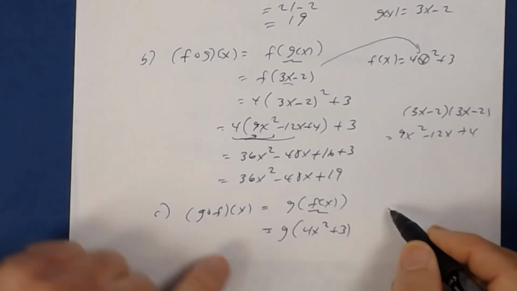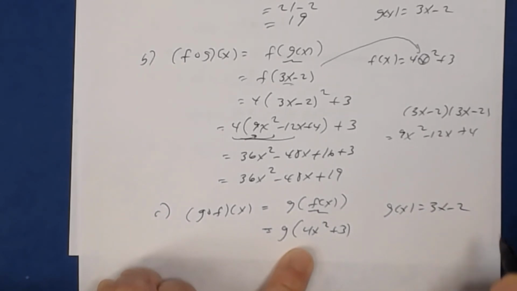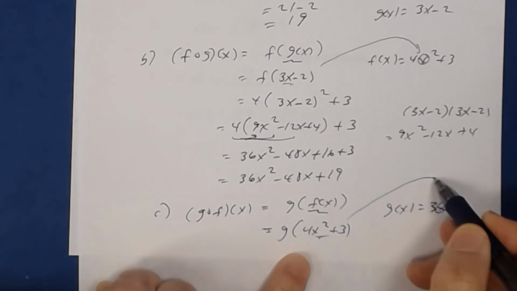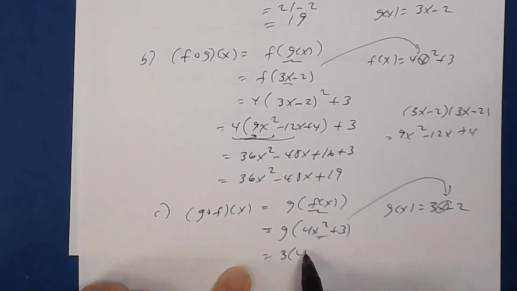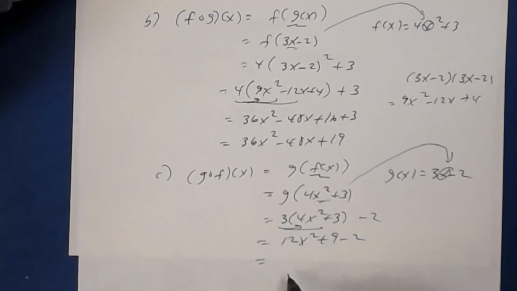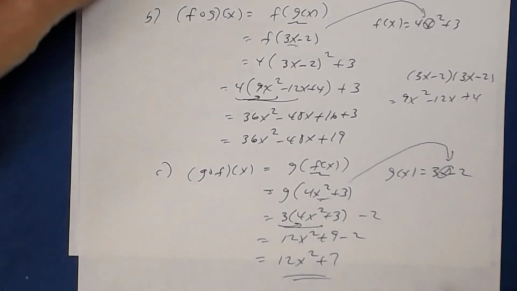I go to my function g, and wherever we see the variable x, I substitute this. So this becomes 3 times 4x squared plus 3, minus 2. Distributing, I get 12x squared plus 9 minus 2, which gives me 12x squared plus 7. All right, so that's that.